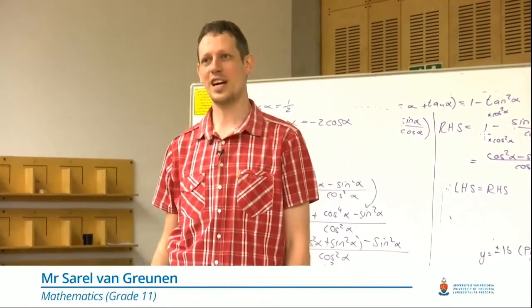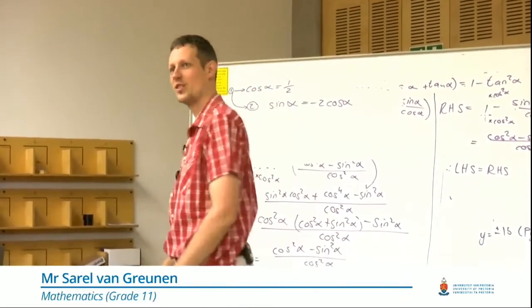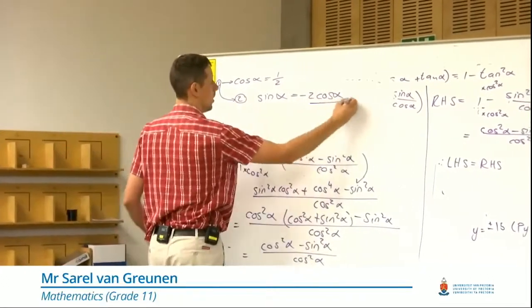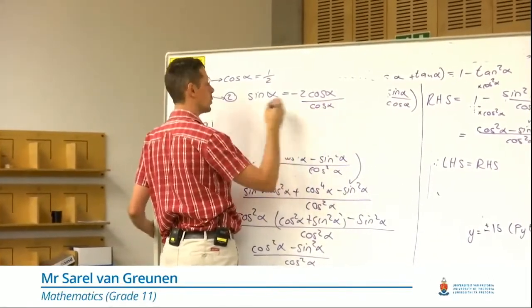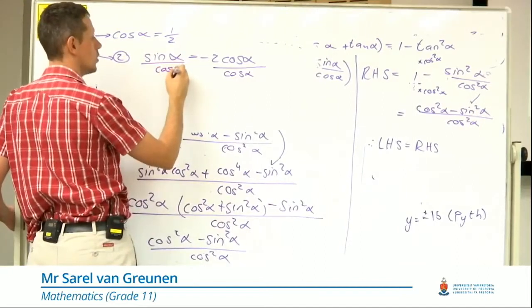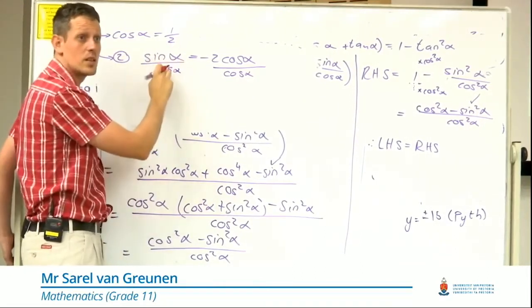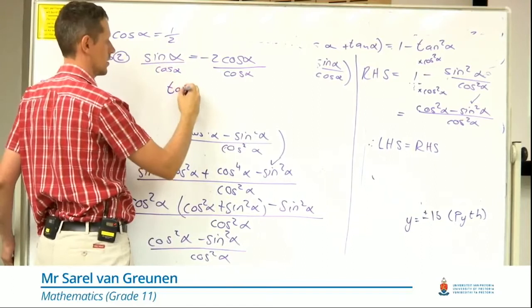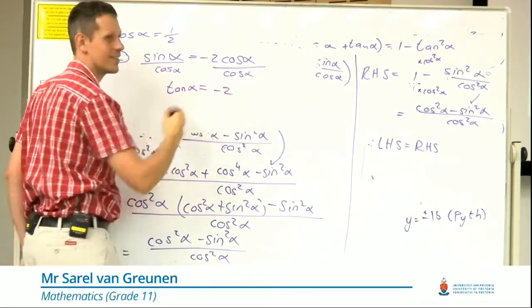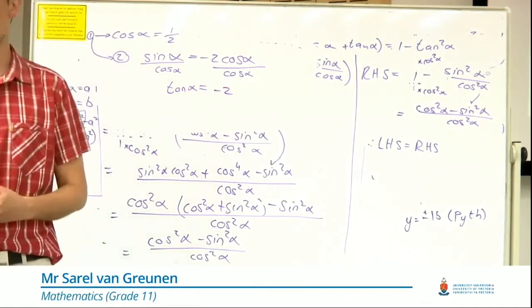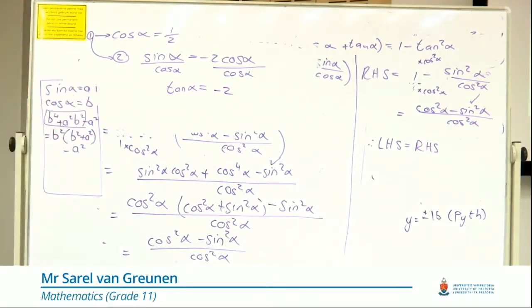Why don't I just divide by cos alpha on both sides? Oh. Because this is tan. And now I have changed from a not simple equation to a simple equation, and you can solve it normally. Okay?